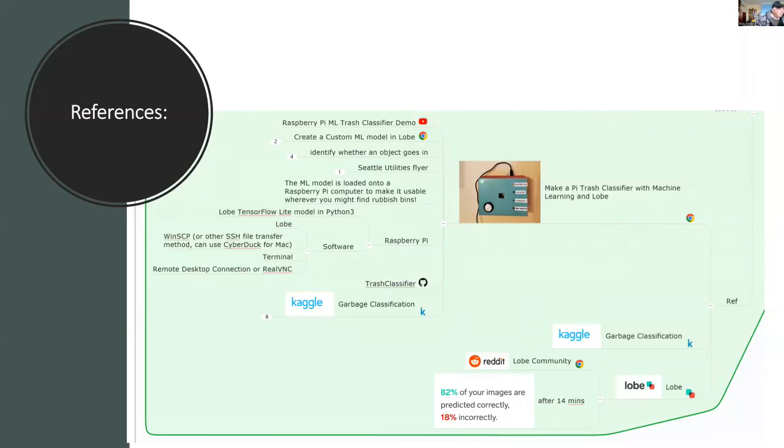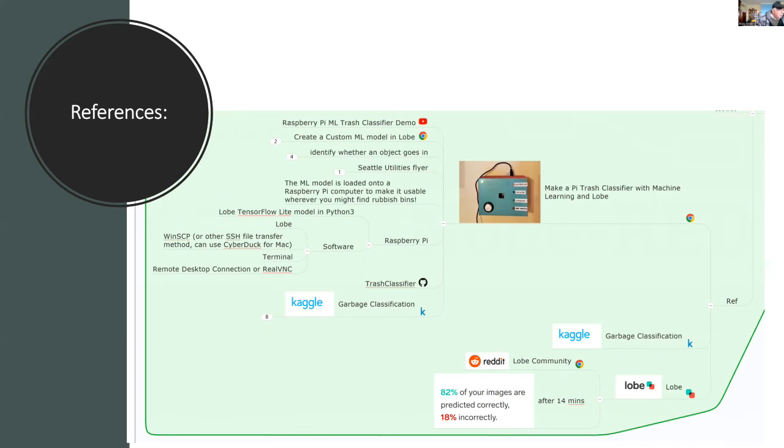Okay, so for some of the references, I recommend that you go to the Adafruit website, which is the one on the top there, and they have both a YouTube video and a good project description.